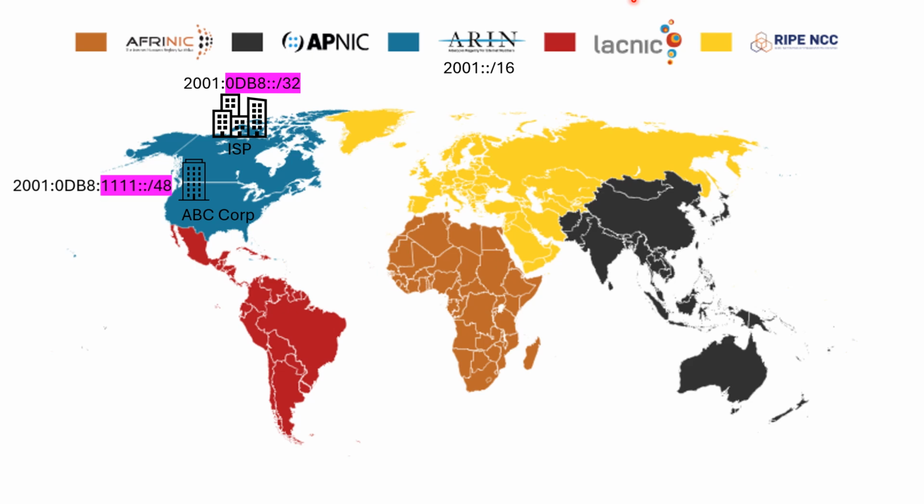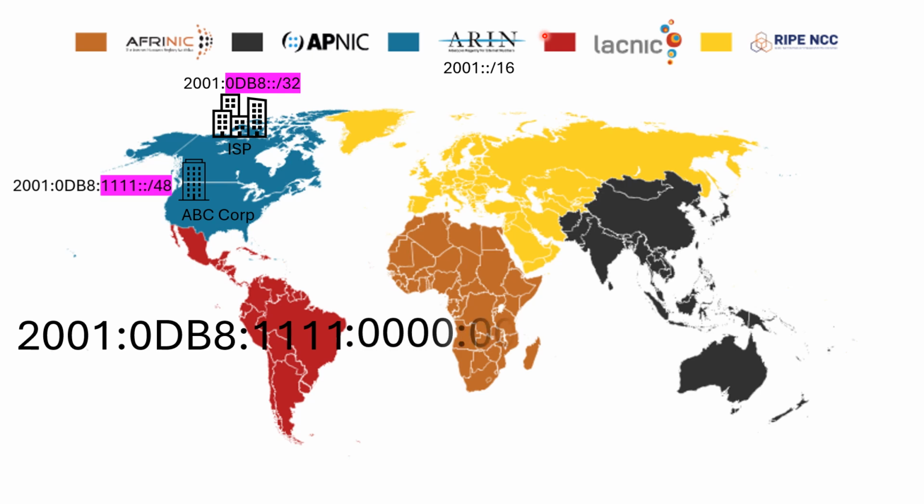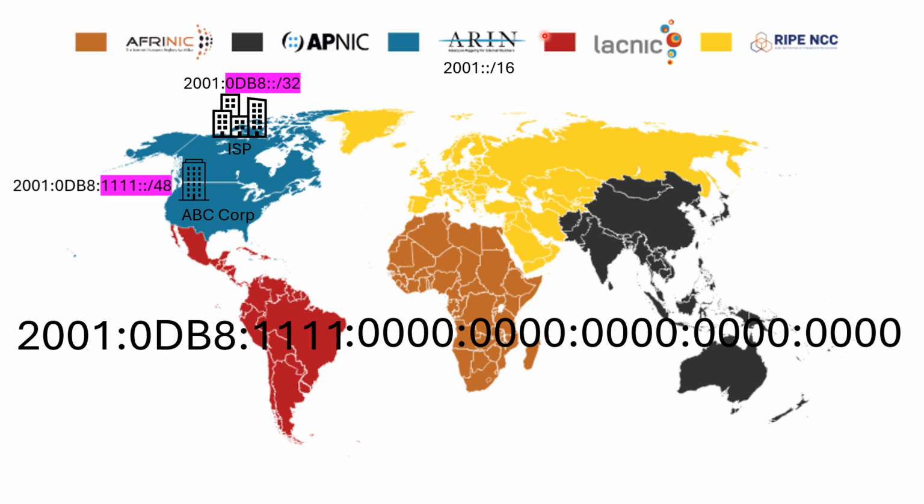We know that the IPv6 address is 128 bits long and contains 8 segments of hexadecimal numbers. Out of this 128 bits, we received a 48-bit block from the internet service provider, which is right here. Let me add the remaining bits as zeros to make it 128 bits.